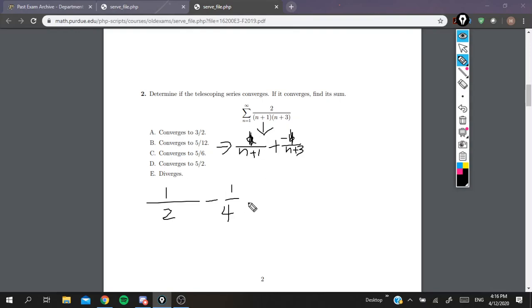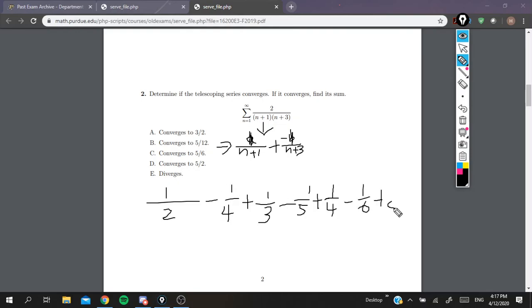And now you plug 2 in, you get 1/3 minus a fifth. Then you plug 3 in, you'll have plus 1/4 and minus a 6th. And you can see here 1/4 actually cancels out with this minus 1/4 here, but we can keep going.